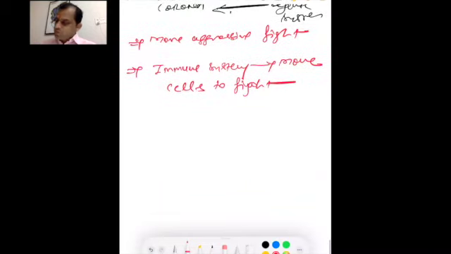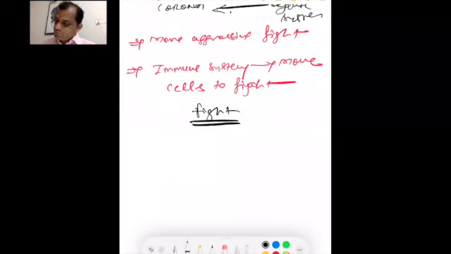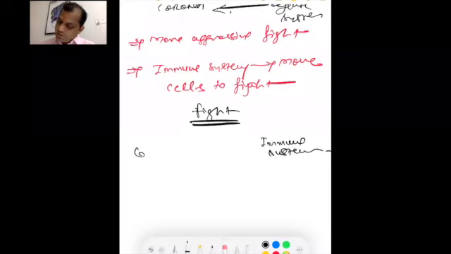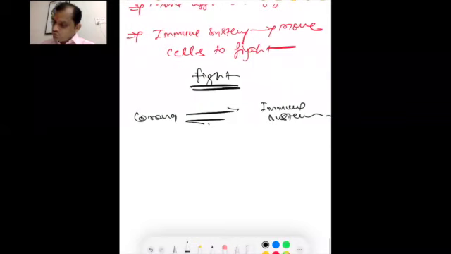So the fight is going on now, the fight between the immune system and corona. Because of these fights, this is called a cytokine storm.